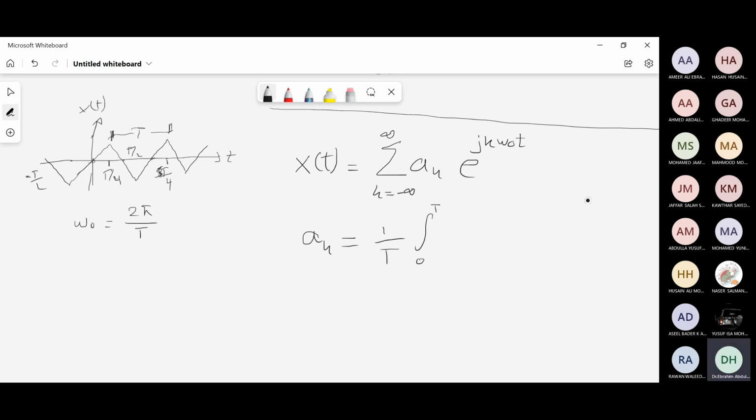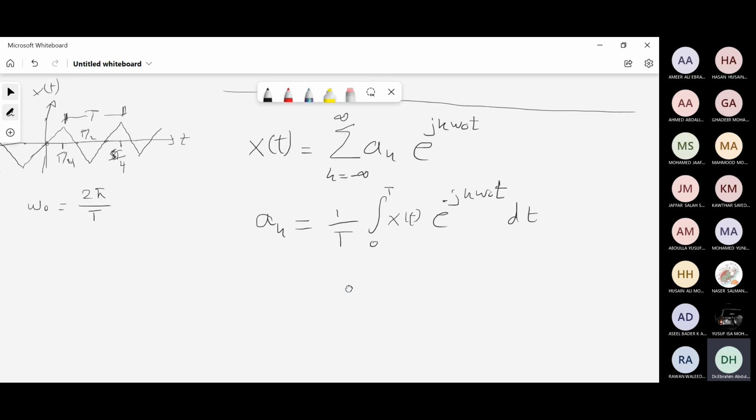The important thing is that it is one full period of x of t. We multiply both sides by e to the power of minus jk omega naught t with respect to t. This is how we can find a_k.